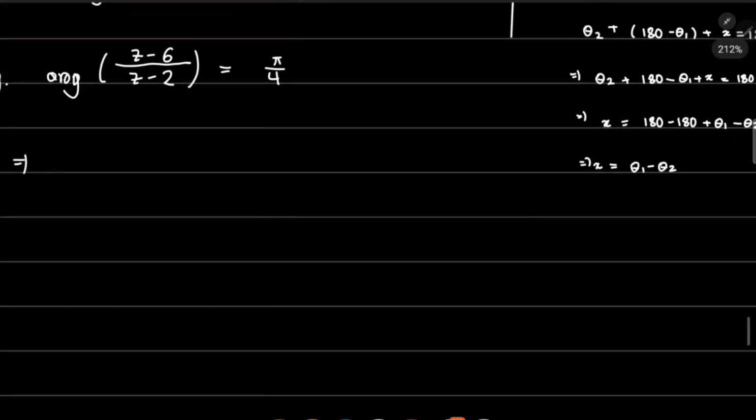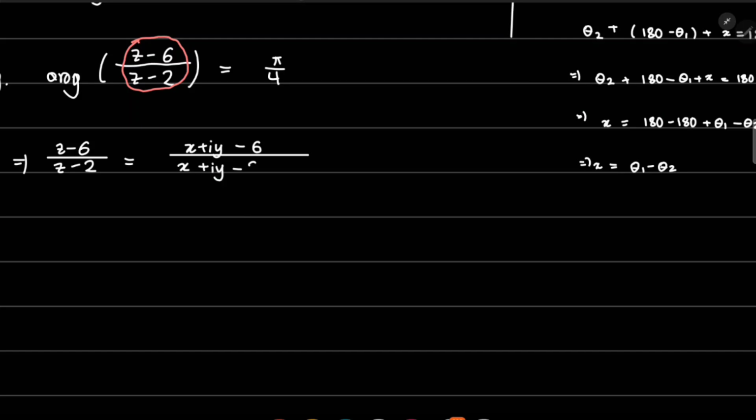So before we find out the argument, let me change (z minus 6) divided by (z minus 2) into x and y. So I get x plus iy minus 6 and the denominator is x plus iy minus 2.